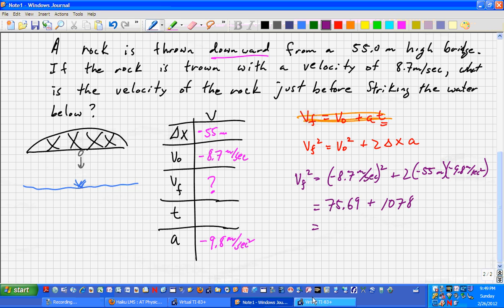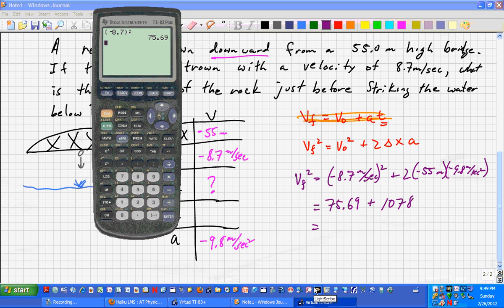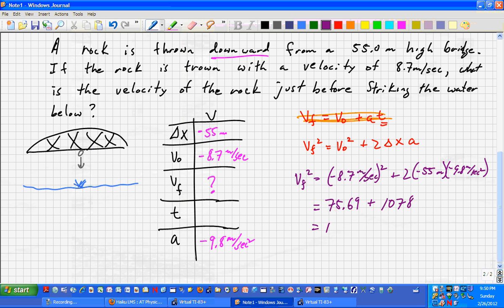So we add those two together. You know what, I don't trust this thing. Let's do this: 75.69 plus 1078. Hit enter.